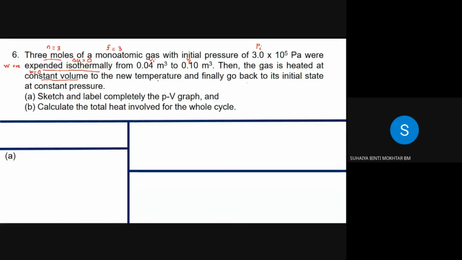The new T. And finally it goes back to its initial state at constant P. So there are 3 cases here. First, isothermal. Second, isochoric. And then isobaric.